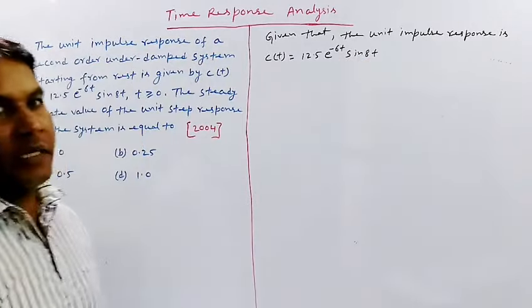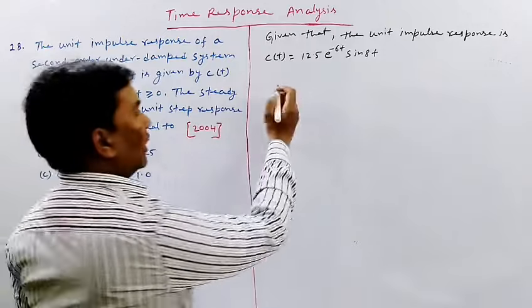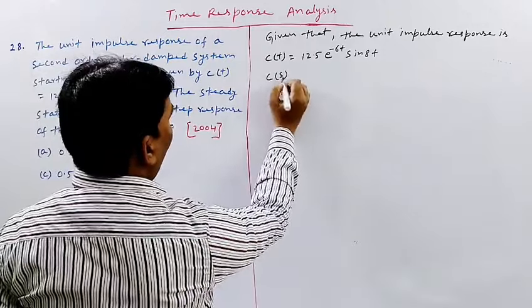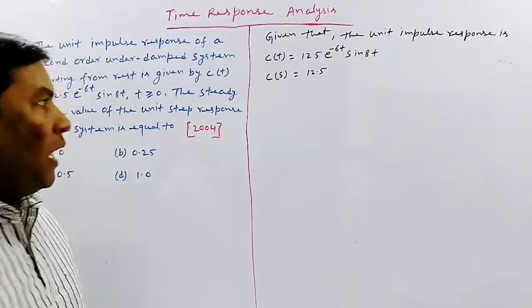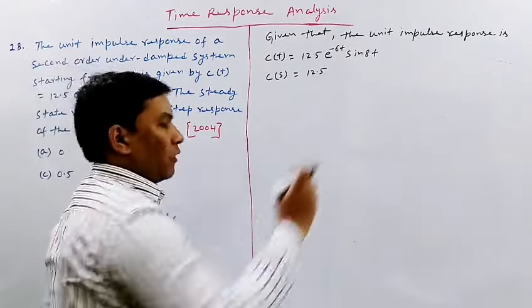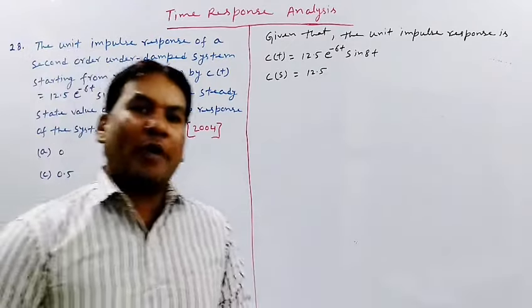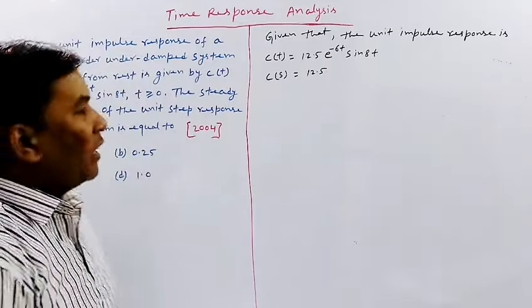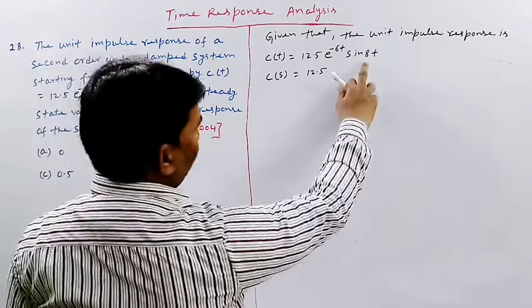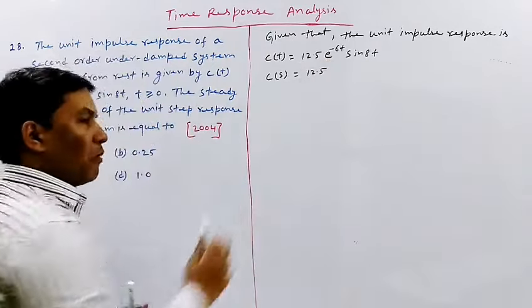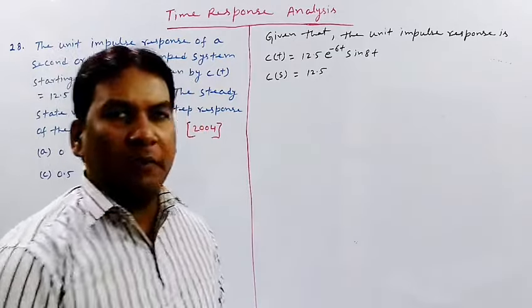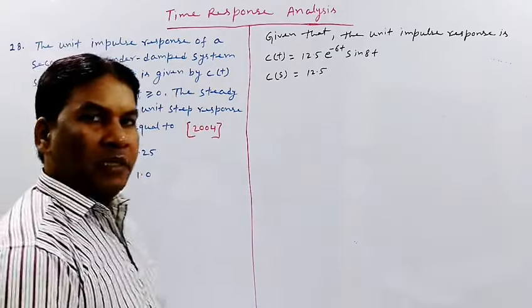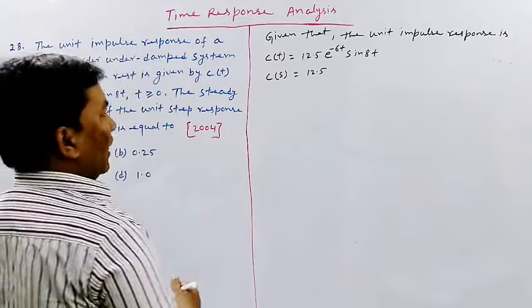Now if we take the Laplace transform of both the sides, then it will be C(s) equal to 12.5, and the Laplace transform for sin omega t is omega divided by s square plus omega square. Here omega is 8, and since e to the power minus 6t is associated with sin 8t, s will be replaced by s plus 6.